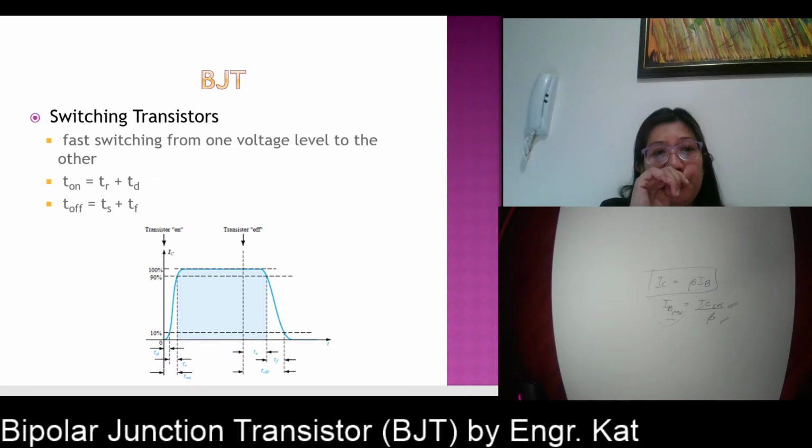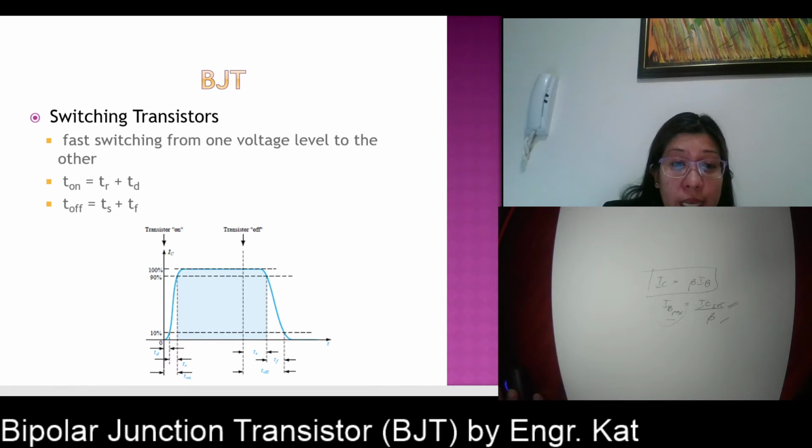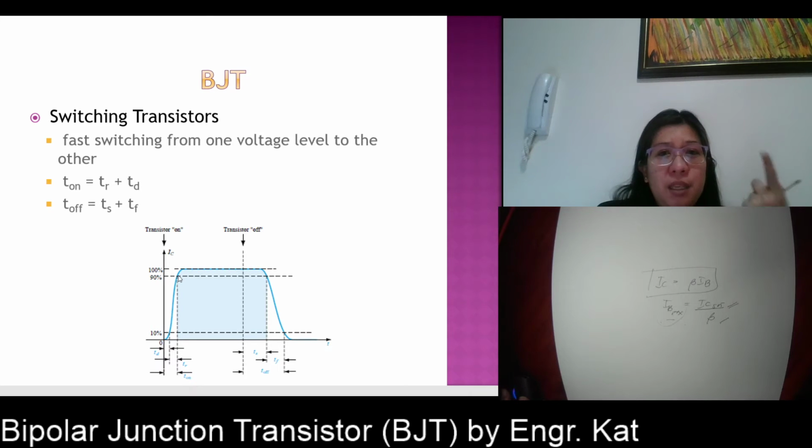Okay? So for turning on time, this is your T on. This is equivalent to TR plus TD. Okay, so TR is the rising time or the rise time. That is the time wherein your transistor is rising, or increasing, from 10% to 90% of its maximum value.